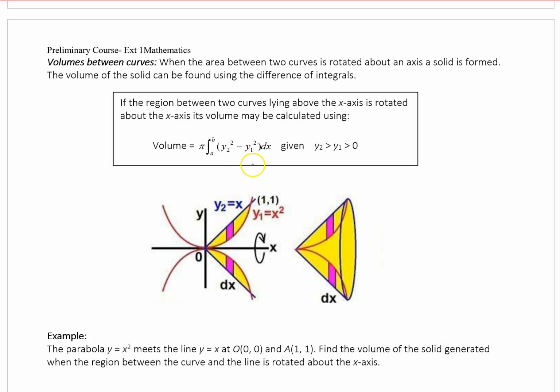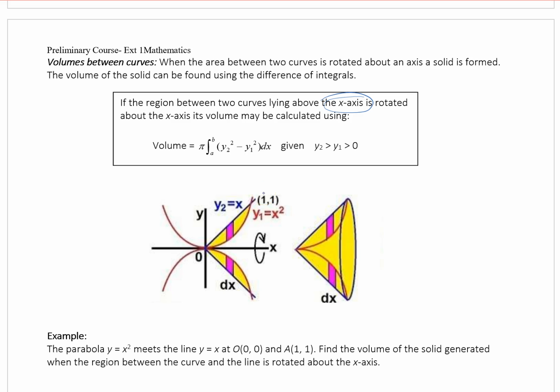Now, because we're going around the x-axis, we're back to just having our functions expressed in terms of the x variable, so it's with respect to x, or dx. And it says there, given that y2 is greater than y1, so y2 is the top function and y1 is the bottom function.